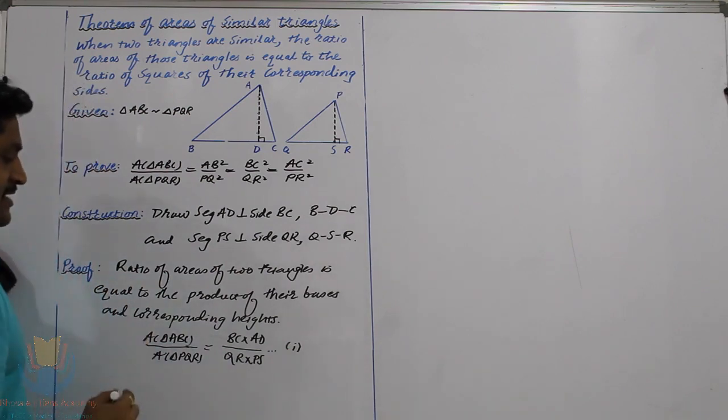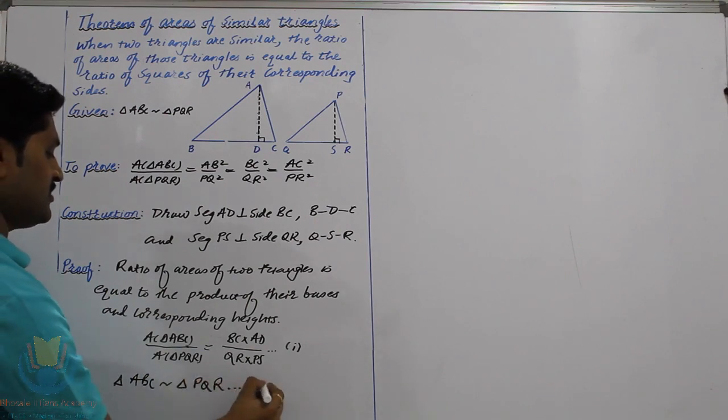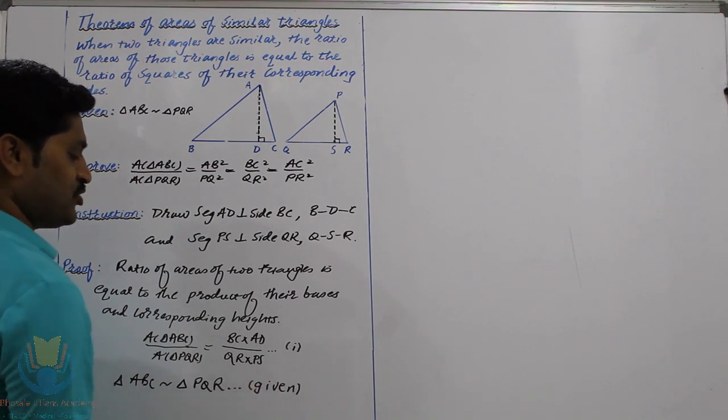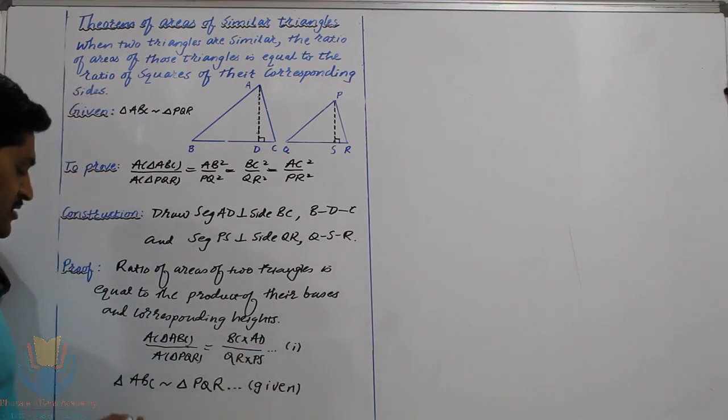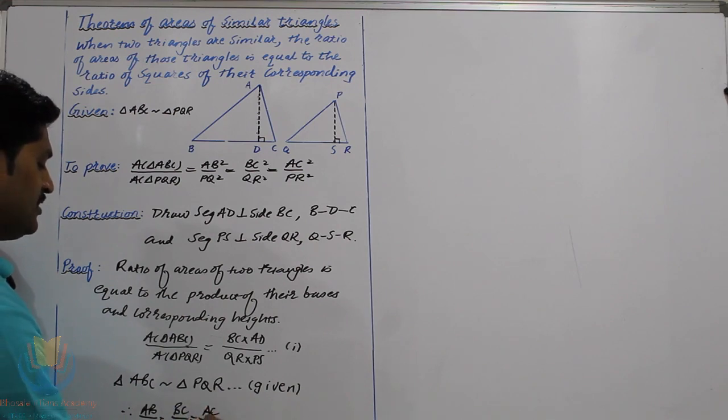Now we will take the triangles which are similar to each other, that is given here. Triangle ABC is similar to triangle PQR. Once the triangles are similar, their corresponding sides are in proportion and their corresponding angles are congruent. First we take the ratio of corresponding sides. Therefore AB upon PQ is equal to BC upon QR, which is equal to AC upon PR.